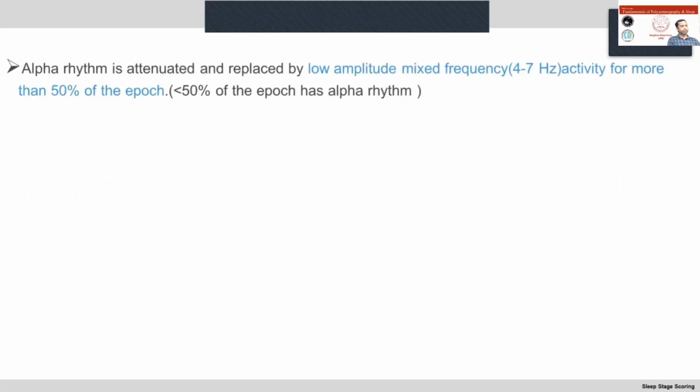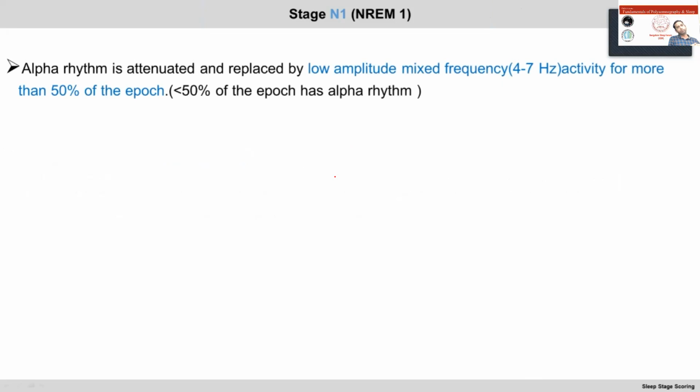So how to score N1? So eyes closed, eyes open, desynchronized activity; eyes closed, alpha activity is there, more than 50%. Now we'll move towards the sleep part. So what is happening in sleep? In sleep, N1, N2, N3, and R stage.